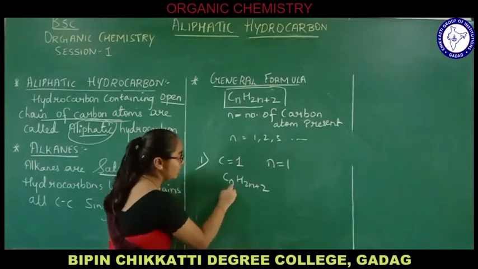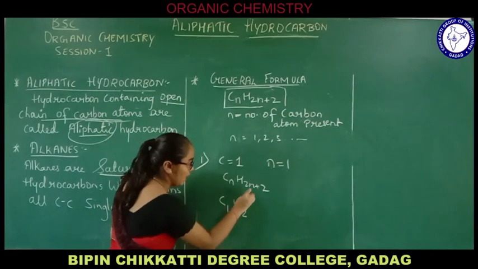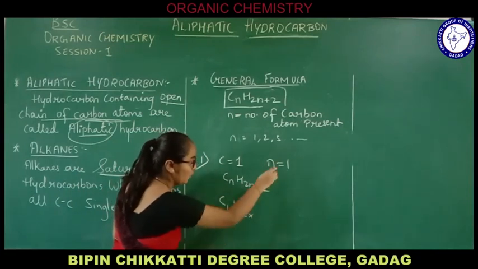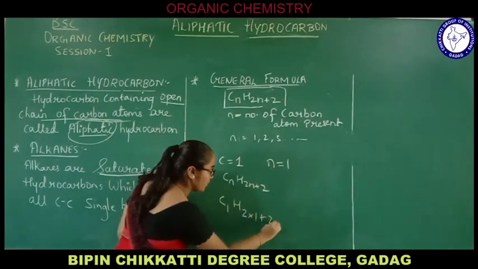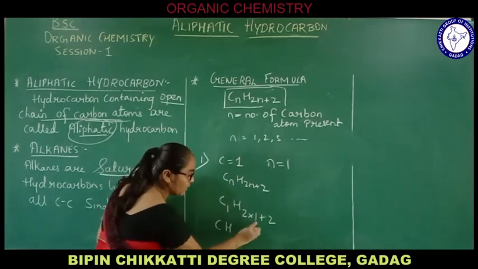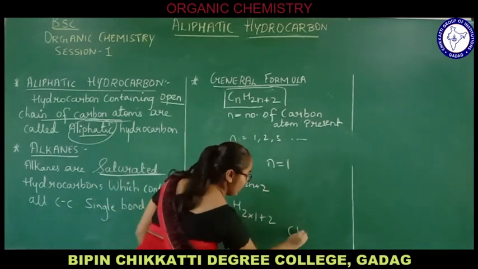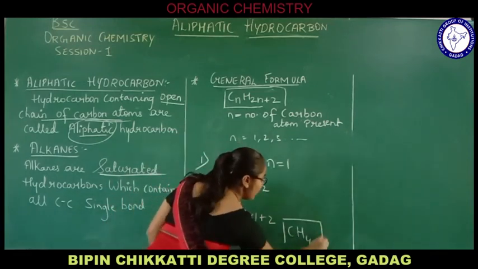So n is 1: CH, 2 into 1 plus 2. So this becomes CH4.